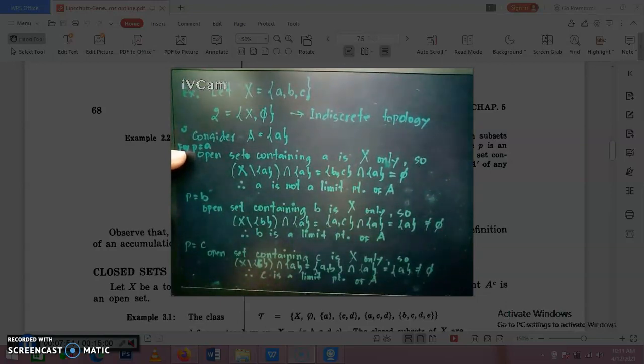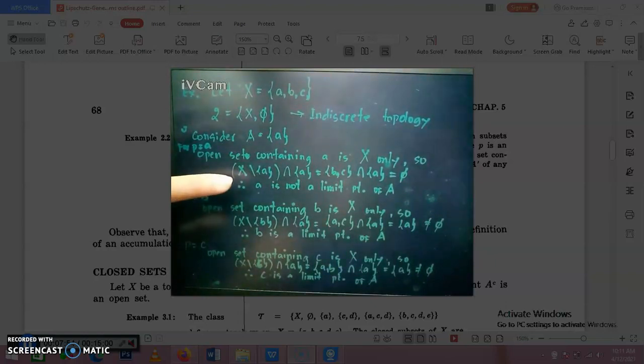Again, we will get the open sets containing A. Because we only have the indiscrete topology, the open set containing A is X only. So we only need to test it for the open set X only.